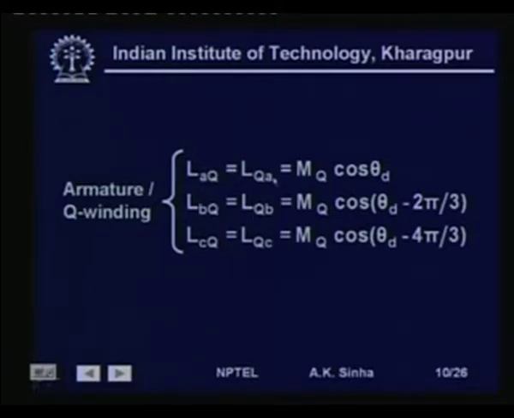LAQ is equal to LQA is equal to MQ into cos theta d. LBQ is equal to LQB is equal to MQ into cos theta d minus 120 degrees. LCQ is equal to LQC is equal to MQ into cos theta d minus 240 degrees.